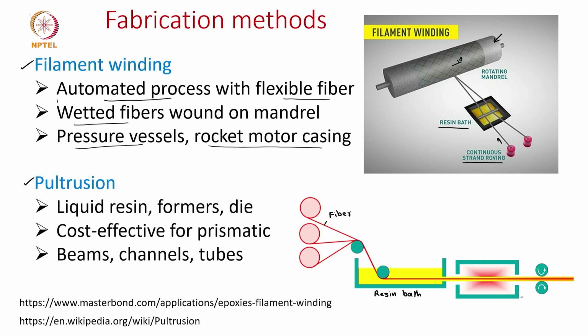Basically we are wetting these fibers and then they are passed through formers or dies. Basically they are trying to compact these fibers together to give it a final shape, and in this die it can also apply the pressures and the temperatures, so that it helps in curing of these composites.